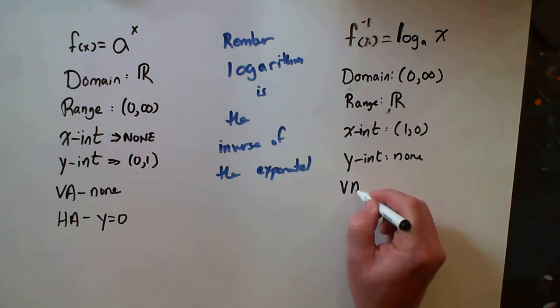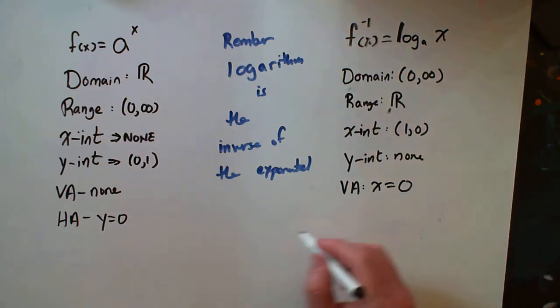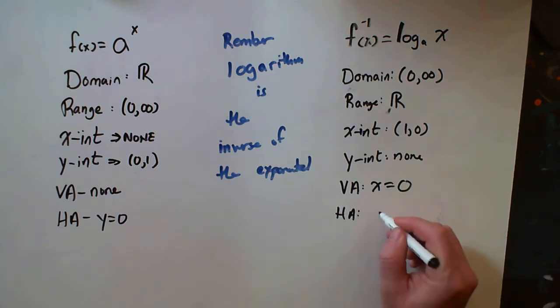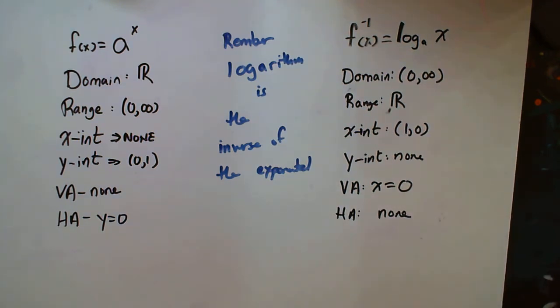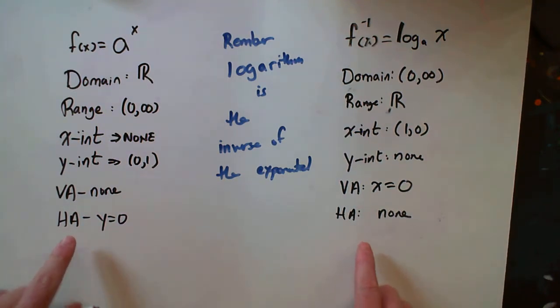I will have a vertical asymptote at x equals 0, and there will be no horizontal asymptotes. Because they are inverse functions, the information about them is just like it would be with any other set of inverse functions.